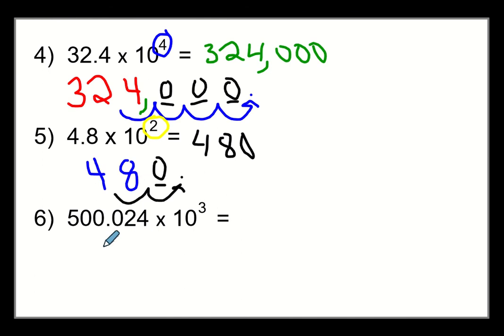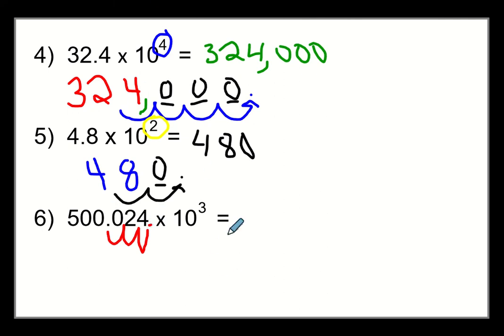Now here I have 524 thousandths times 10 to the third power. So what I can do is I can again move that decimal over 1 space, 2 spaces, and then 3, and drop it off.